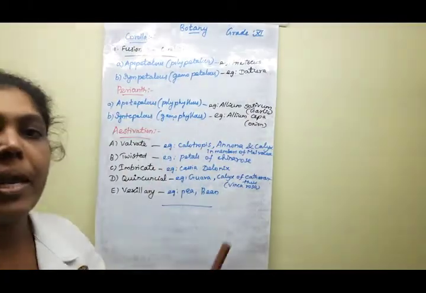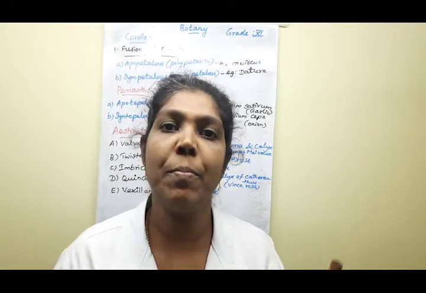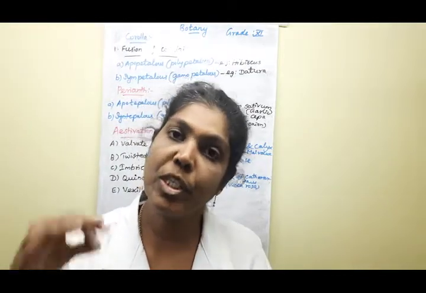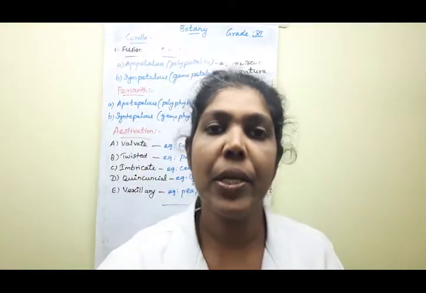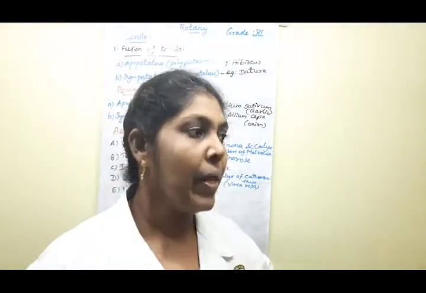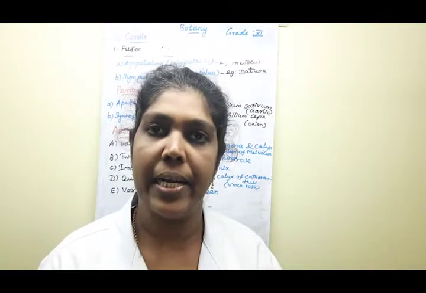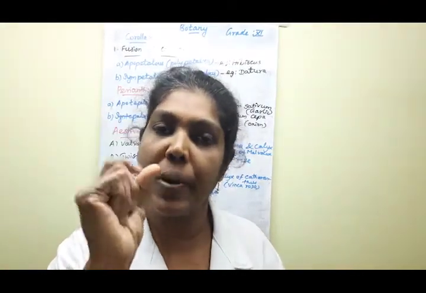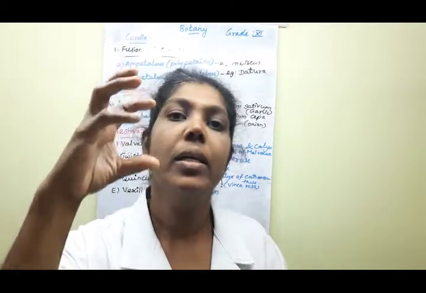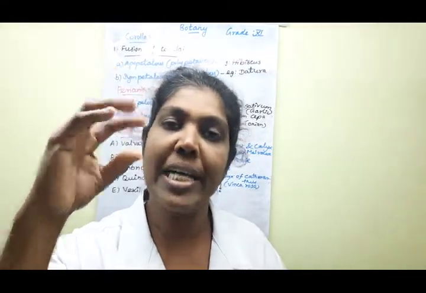This is the perianth. What do you mean by perianth? Perianth means, you know, the term used when the calyx and corolla cannot be differentiated; together they are present in one structure.